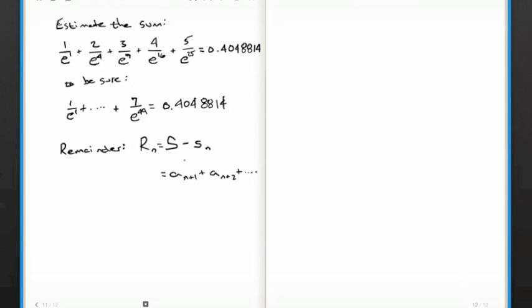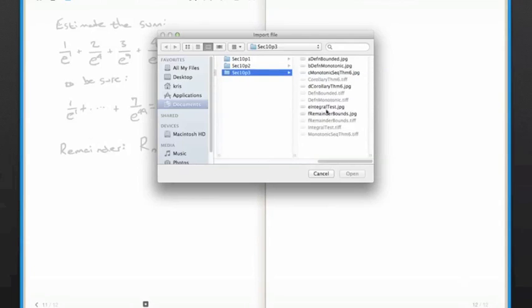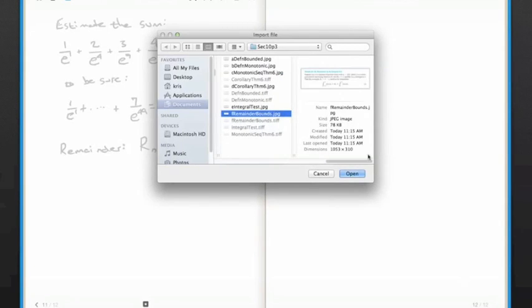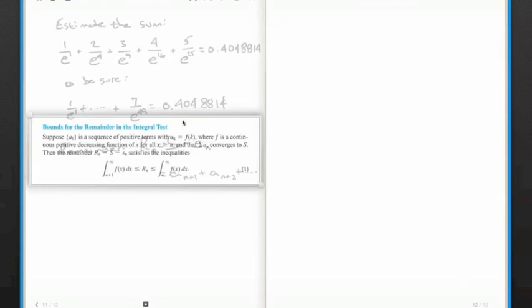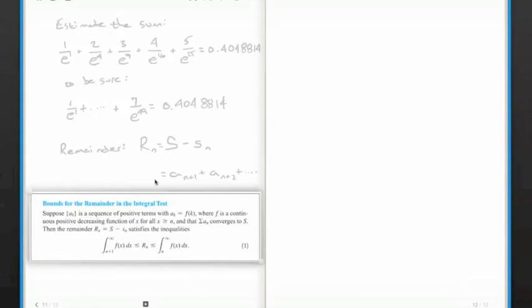So whatever I came up with, which is only up to 5 or up to 7, whatever's left must be my remainder. So here's a good opportunity to give your last formal definition of the day, and I know this one's getting long. The remainder: bounds for the remainder in the integral test.